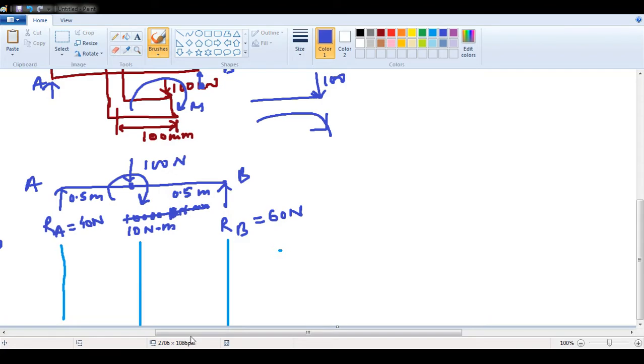Now let us make the bending moment diagram. So when we go for making the bending moment diagram, let's go by that way as I have discussed earlier.